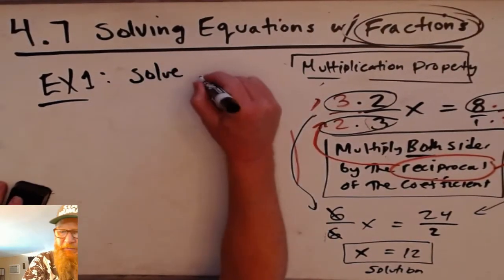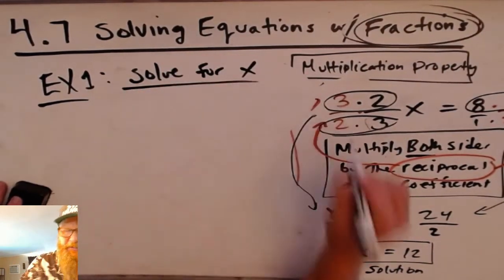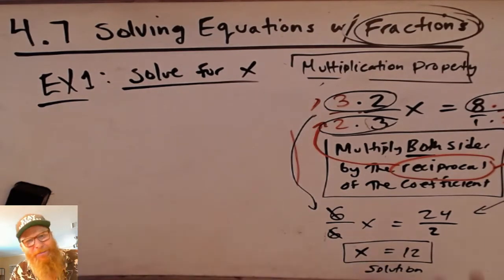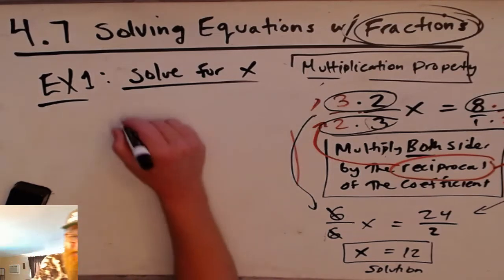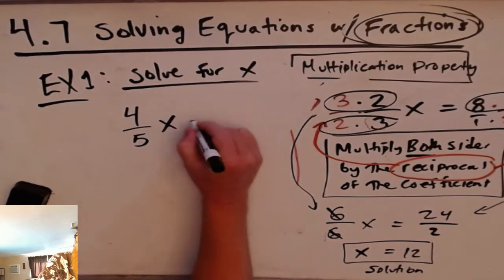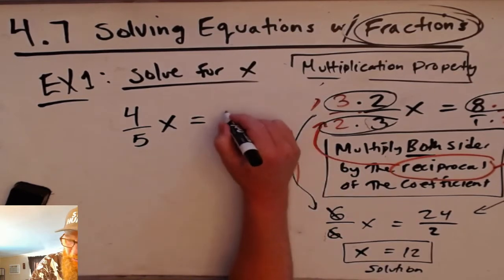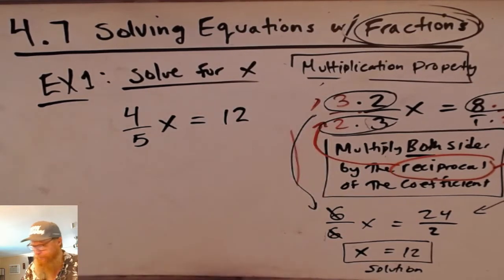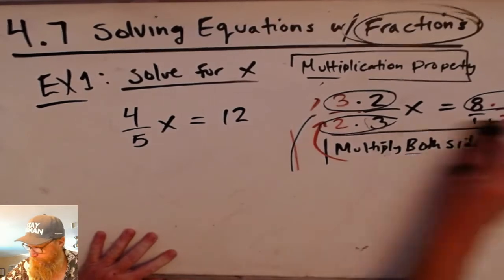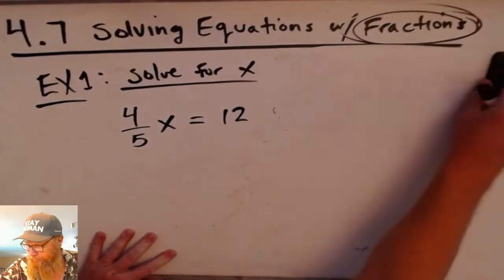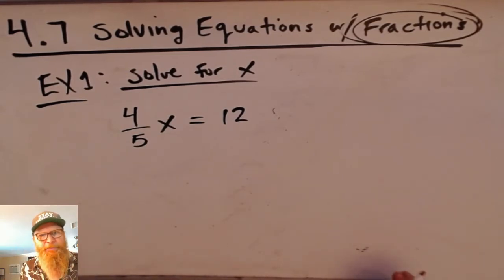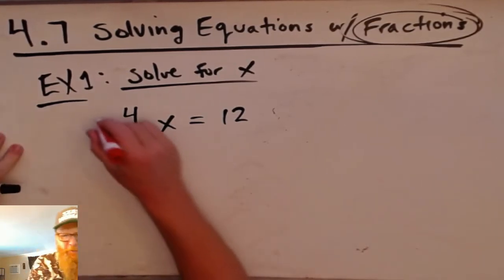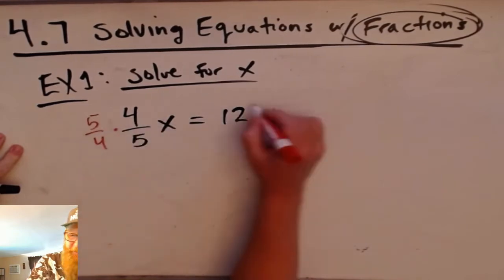So solve for x. It's the most common variable, although I might start changing it up a little bit today and use some different variables. So what if I had 4/5 x equals 12? Okay. So the reciprocal of 4/5 is 5/4.